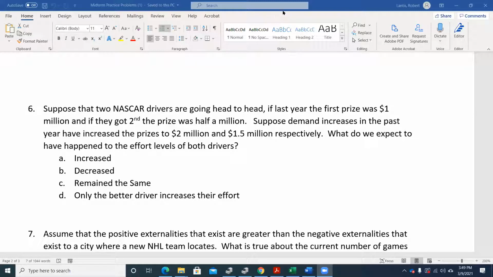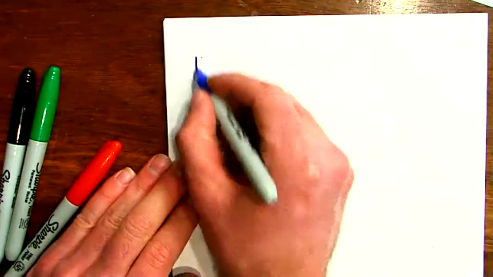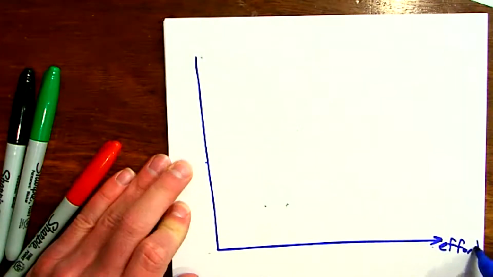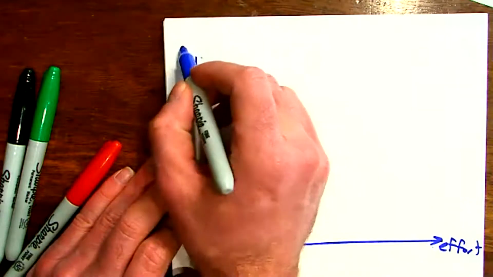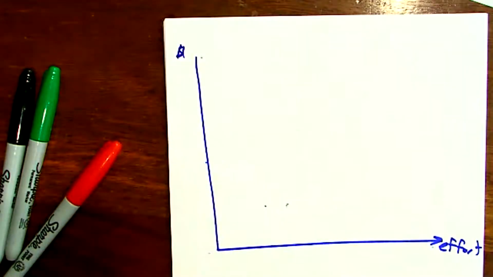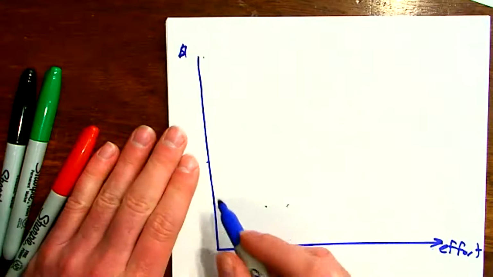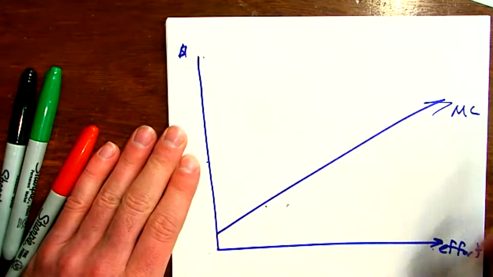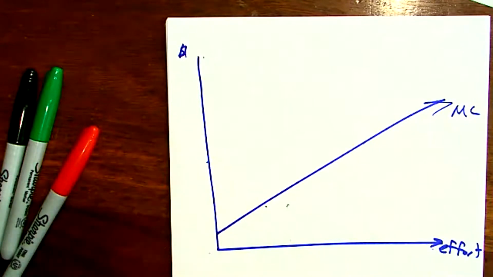So what I want to point out here is when we're drawing these models for effort choice, effort is the thing being chosen. We can think about this as price or units of dollars on our y-axis. We're going to have these increasing marginal costs to effort, right?